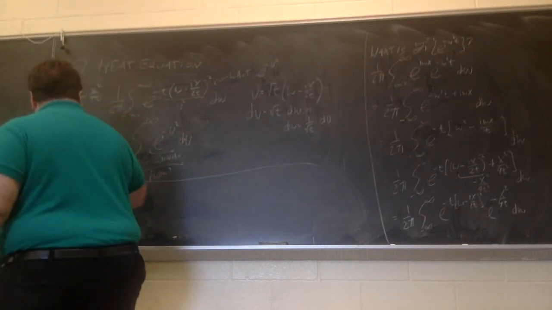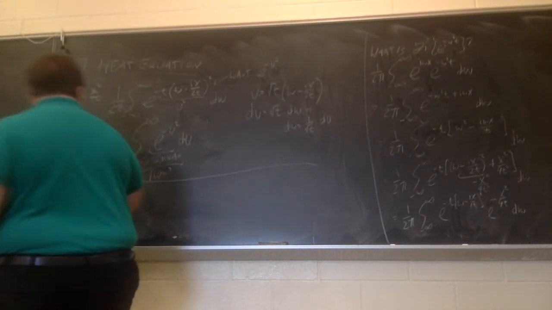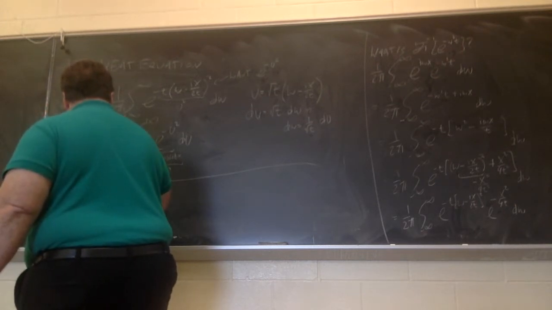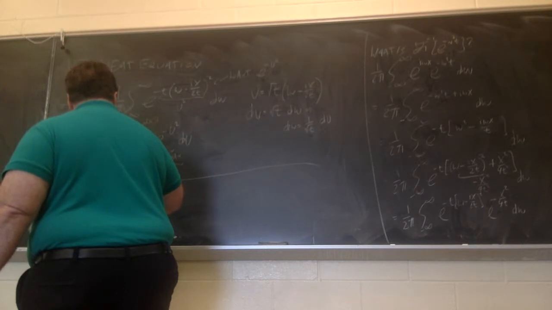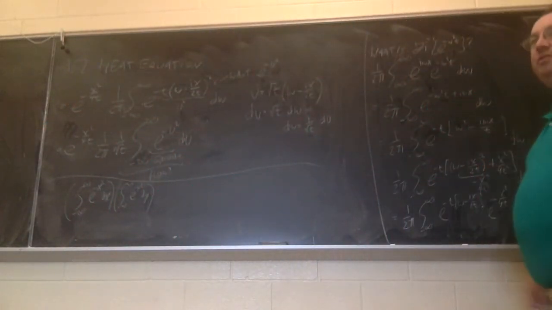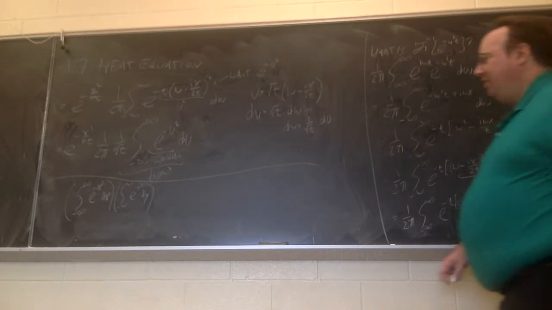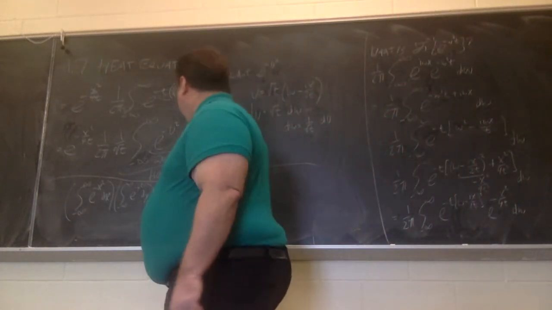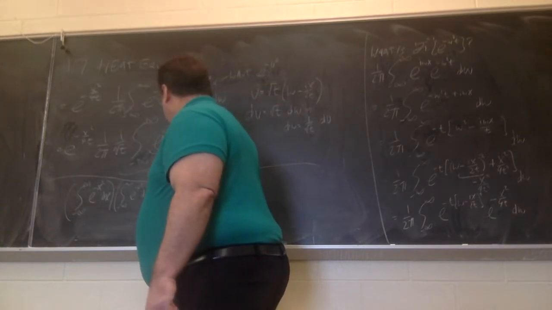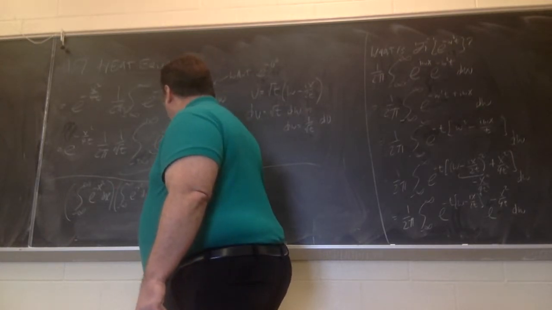Suppose I have the integral of e to the minus x squared dx times the integral of e to the minus y squared dy, multiplied together. It's actually easier to do the product than to try to do one individually, because I can move one integral inside the other and give myself a double integral.